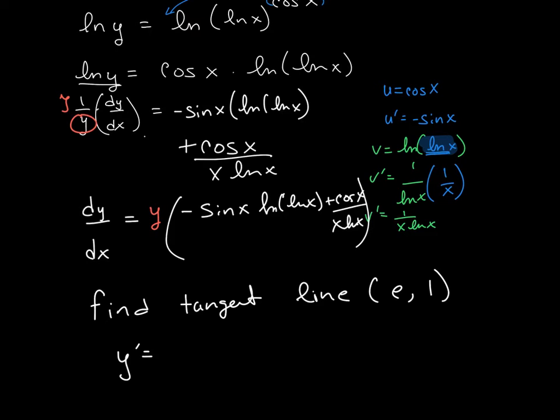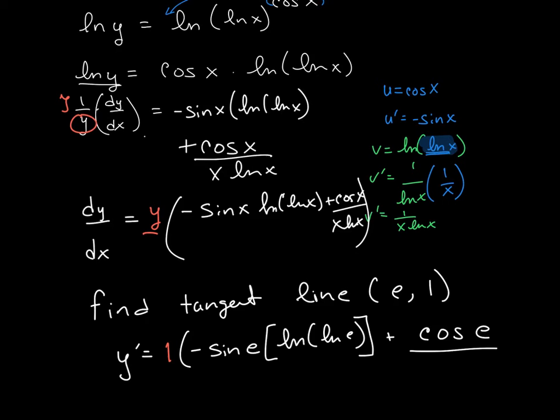Well, y was equal to 1. So this y just becomes 1. And everything inside where x would be, it's going to be an e. So I have minus the sine of e, this is the ln of e, plus the cosine of e all over e ln of e.